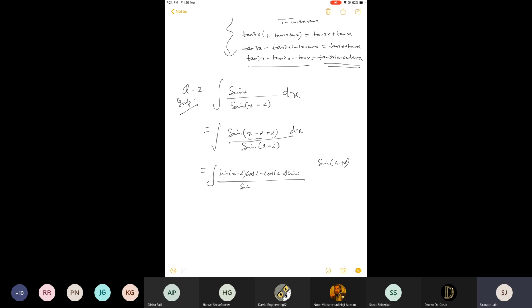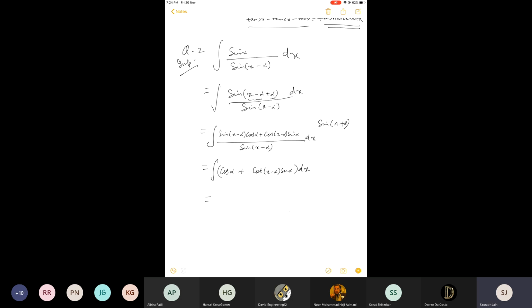In the denominator we have sin(x minus alpha). Now we will split it in two parts. Sin(x minus alpha) upon sin(x minus alpha), only cos alpha will be remaining. Here it will become cot(x minus alpha) sin alpha. You know that alpha is constant, so terms of alpha will also be constant. First we integrate.